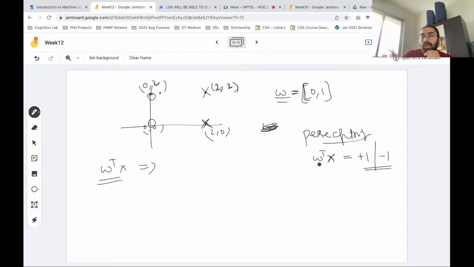Okay, so x is a two-dimensional vector, right? What will the dimension of w be? They have to be the same, right? Because your w transpose x has to be a number. By looking at this figure, can we tell W?